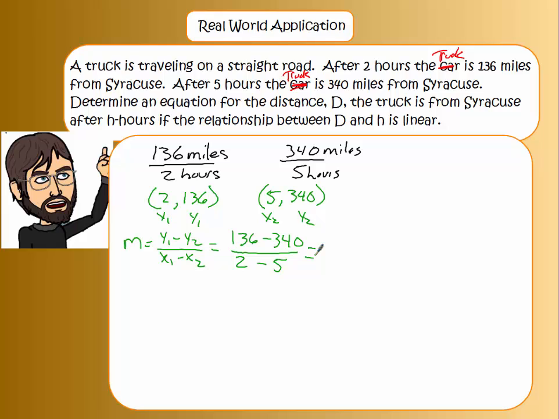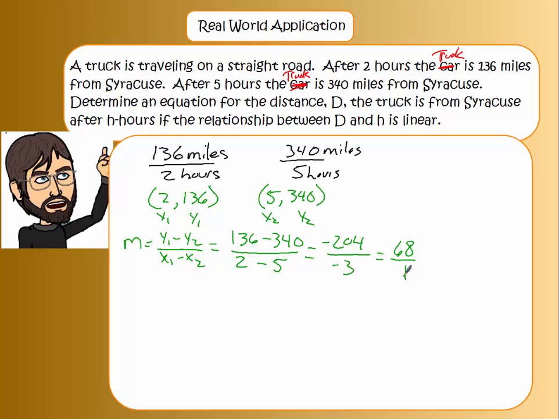So 136 minus 340 is going to give me negative 204, and that's going to be over negative 3. And a negative divided by a negative is a positive, so that's going to be a positive 68. We'll keep it as a fraction, positive 68 over 1. Okay, so we just came up with the slope for this equation of a line.